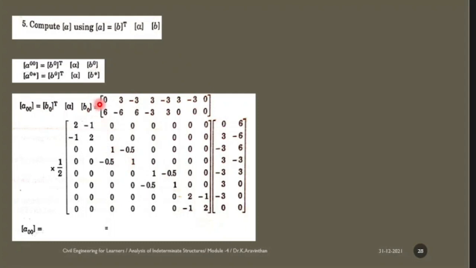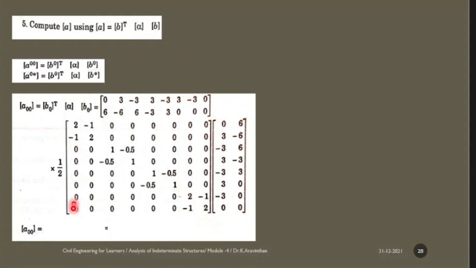Multiply this row and the first column. See, it might look too big, but if you multiply each and everything, it will be very small. You don't have any component for all these elements. If you multiply, the first component will be 0 and the second component will be 3 into minus 1, which is minus 3.